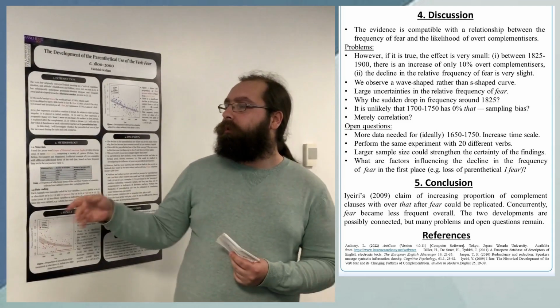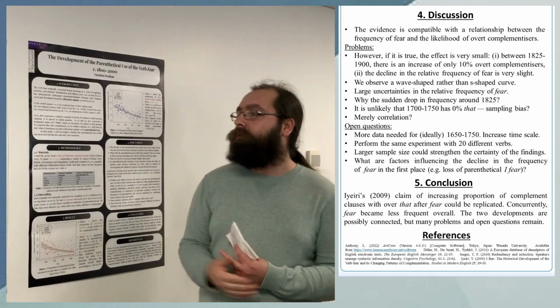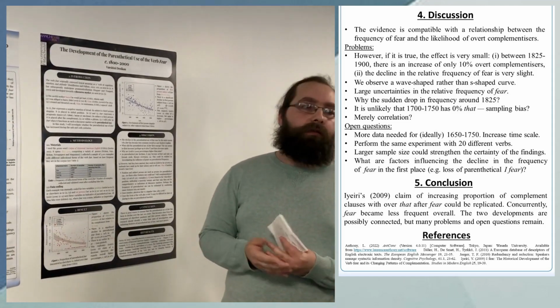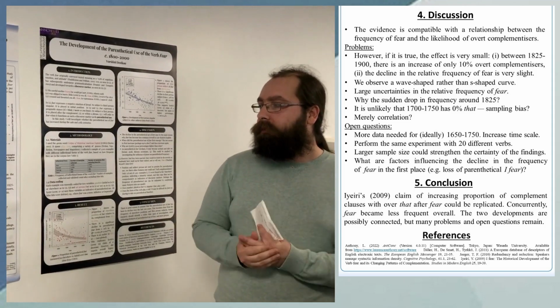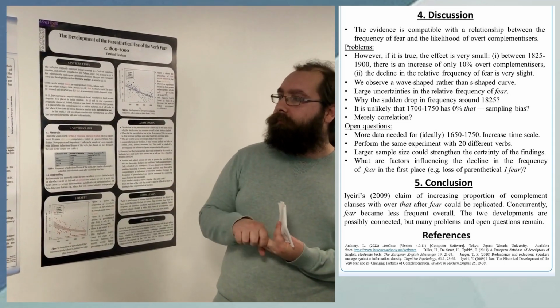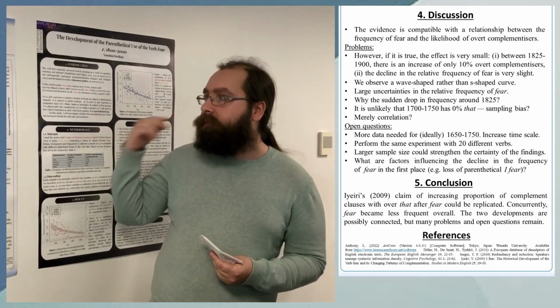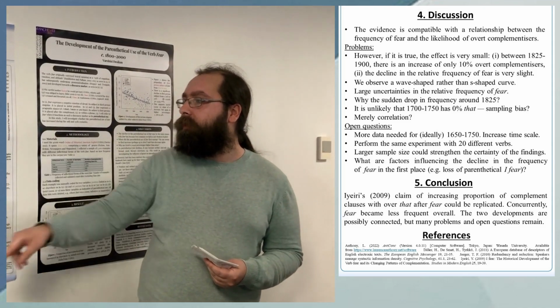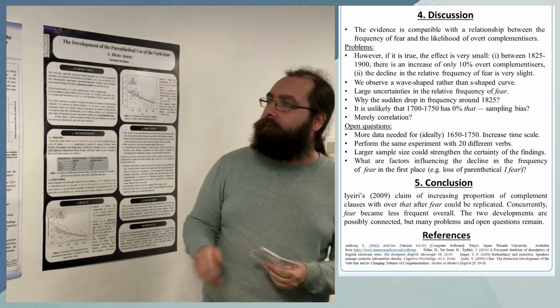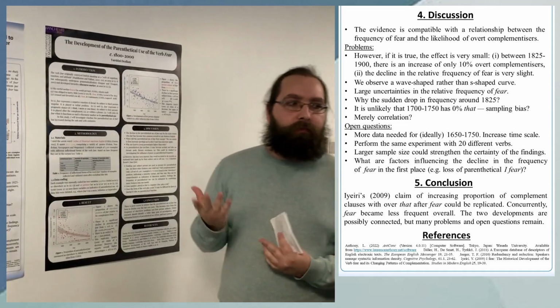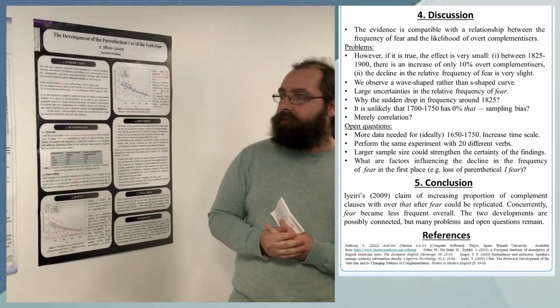And we can ask why there is a sudden drop in frequency around 1825. Maybe it's related to some other thing, like a loss of parenthetical fear. And also it is unlikely that in this period there is a 0% overt implementation, so that might be a sampling bias or something wrong with our sample.